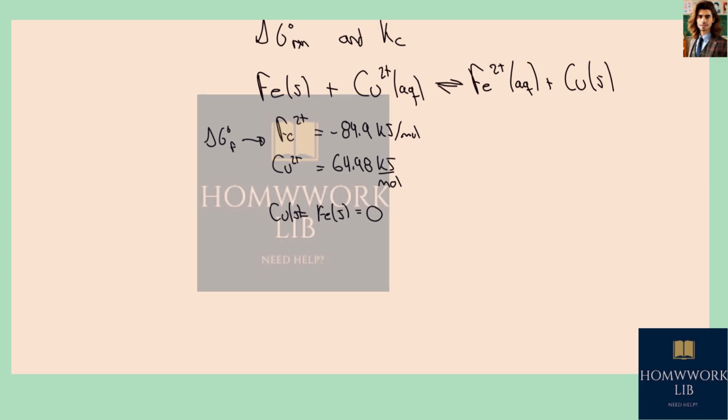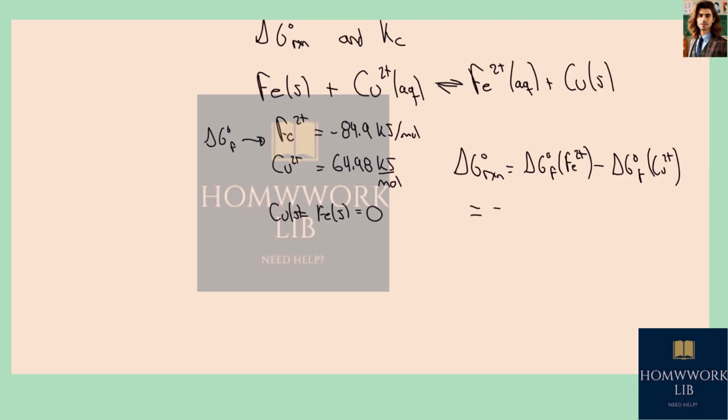So with this we can proceed with our calculations. The delta G of the reaction would be equal to the delta G of formation of iron 2+ minus the delta G of formation of copper 2+ in aqueous medium. In this case, I'm going to omit the values for copper solid and iron solid, since both of them are going to be equal to 0.